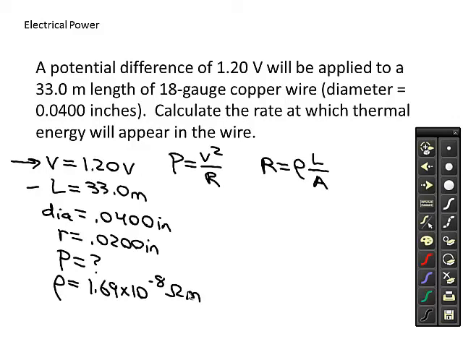All right, so our biggest hurdle here is getting the area. Of course, we need to do a quick change on that, inches to centimeters. Oops, let's do that to the radius. Sorry about that. So 1 inch is 2.54 centimeters. Then we might as well change it to meters.